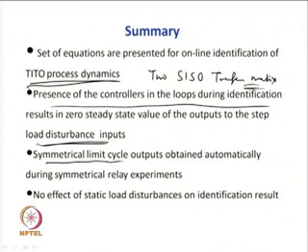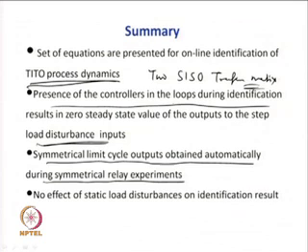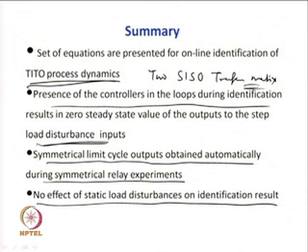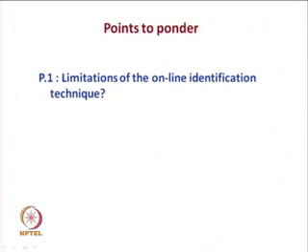Symmetrical limit cycle outputs are obtained automatically during the symmetrical relay experiments because of the presence of the controllers. There is no effect of static load disturbances on the identification result, and the analytical expression has been given and proven.